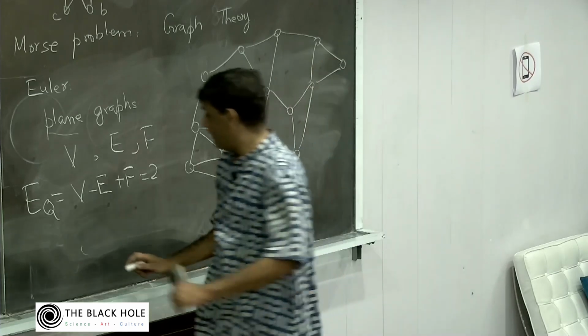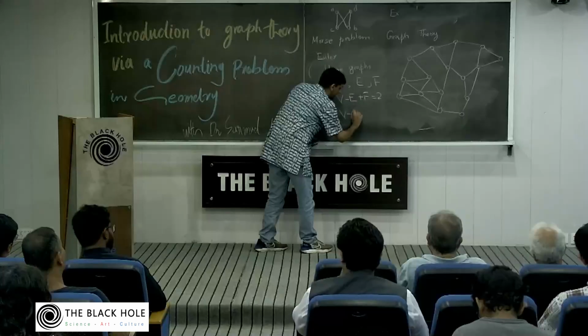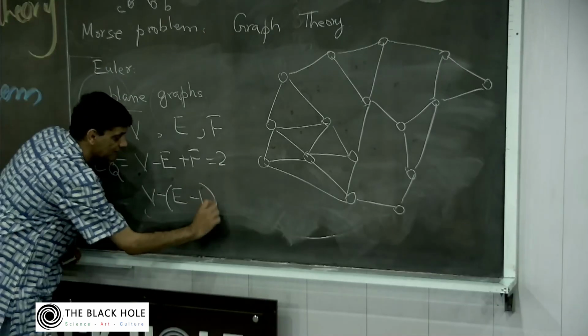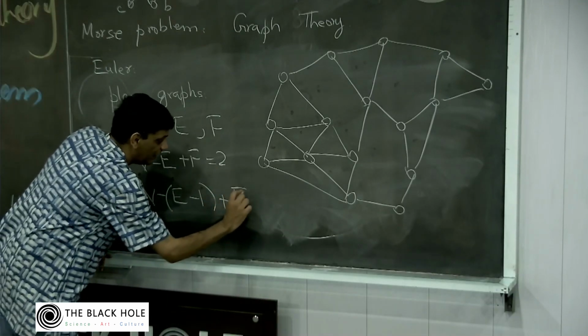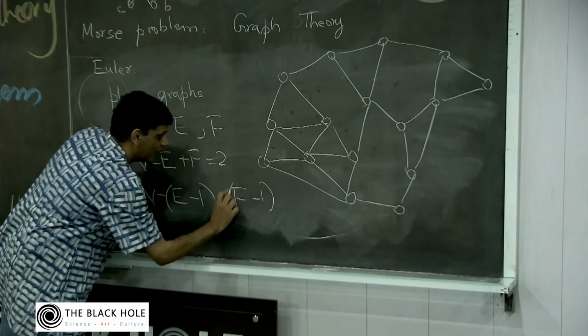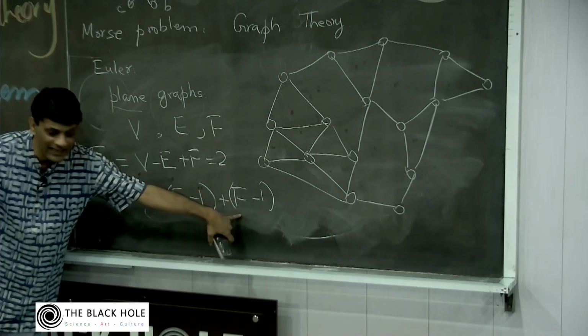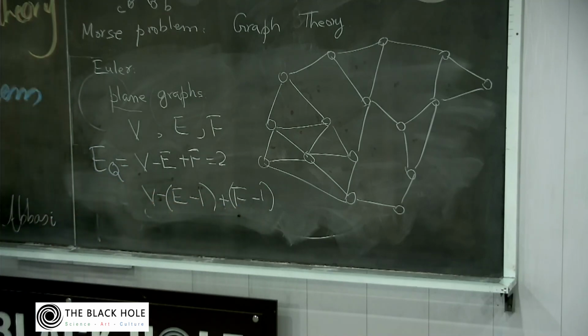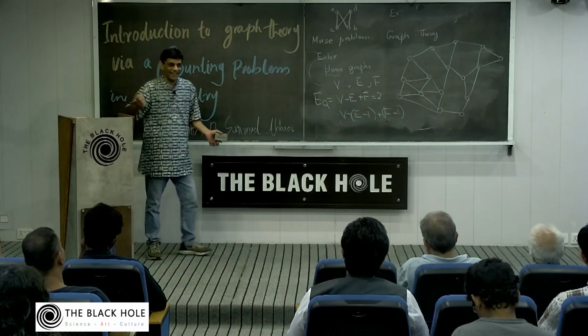So my new graph has the same number of vertices. The number of edges went down by 1, and the number of faces also went down by 1. Since these two have opposite signs, that cancels, and so the Euler quantity remains undisturbed.